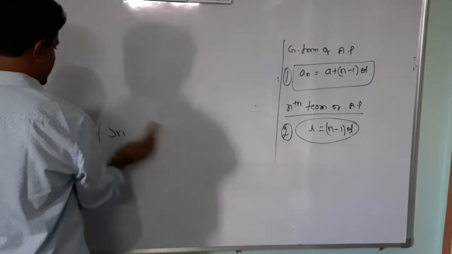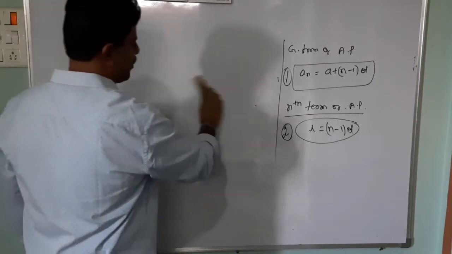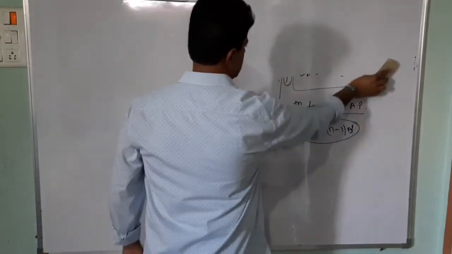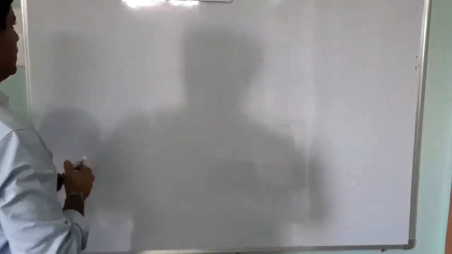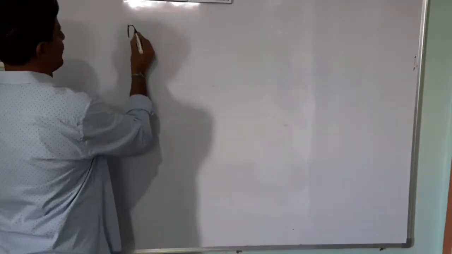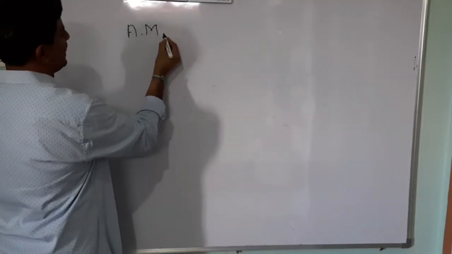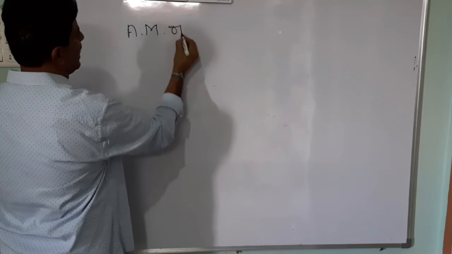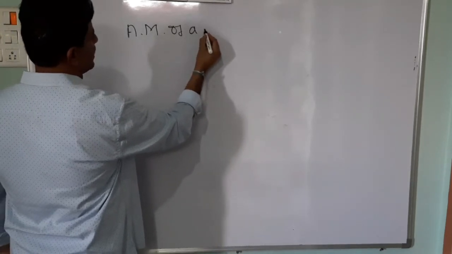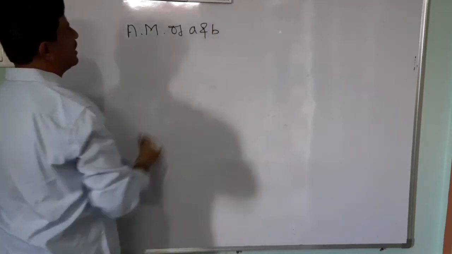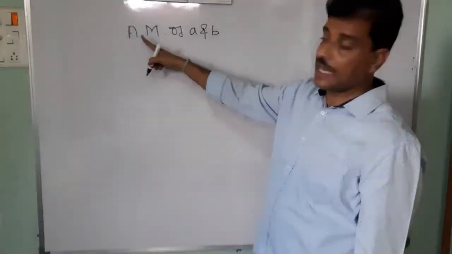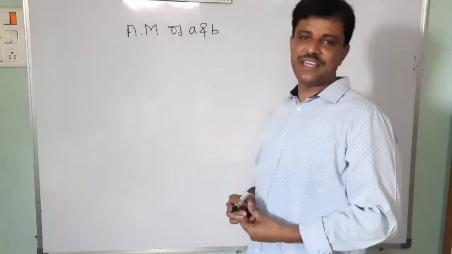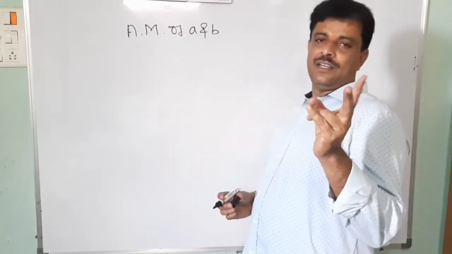Another important note is the arithmetic mean, AM. The arithmetic mean of a and b, where a and b are the numbers: A means arithmetic, M means mean, that is the sum divided by 2.